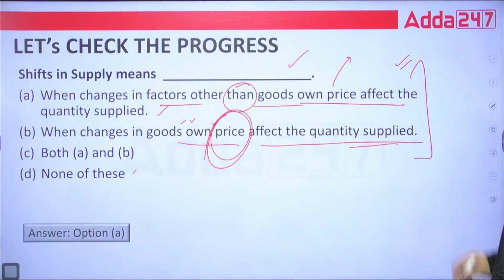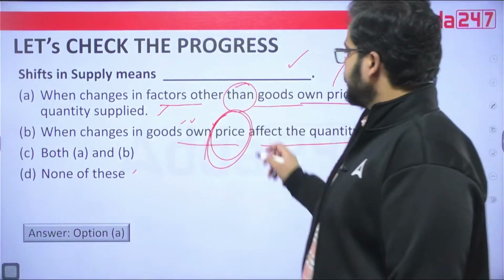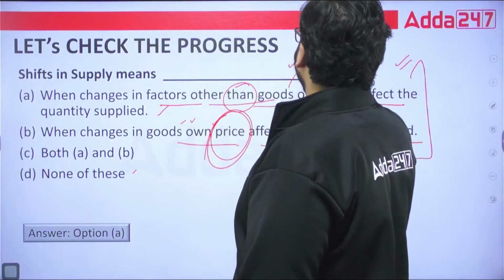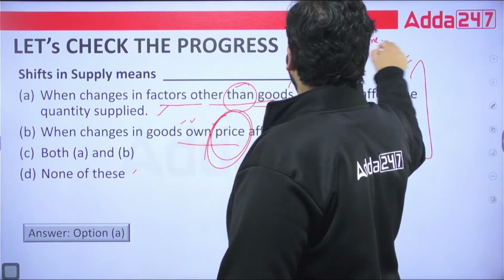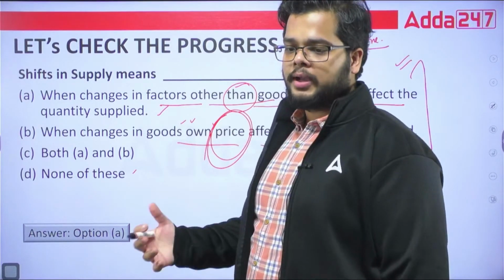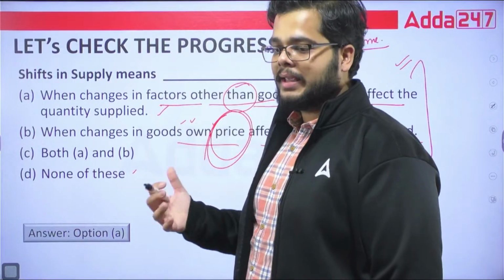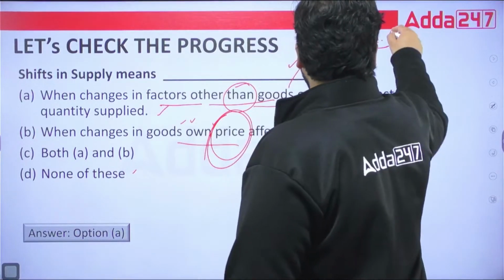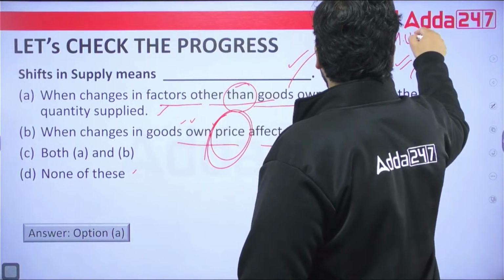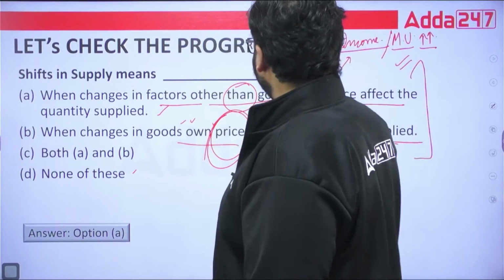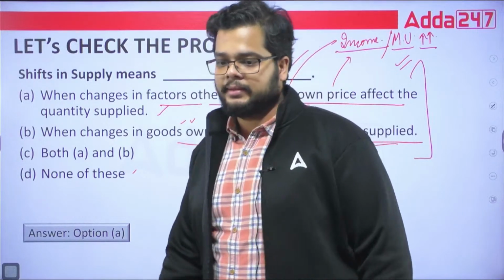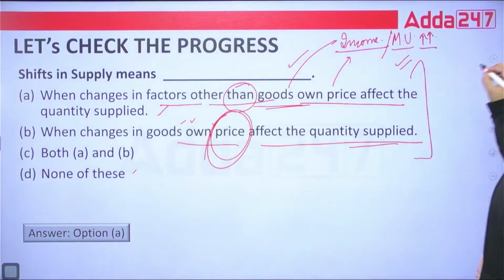So option A is the right answer. Other than goods, there is what? Income is rising. Consumers have more income at their disposal, more salary, or manufacturing units are becoming more efficient. So these are factors other than the goods' own price. So option A is the right answer.